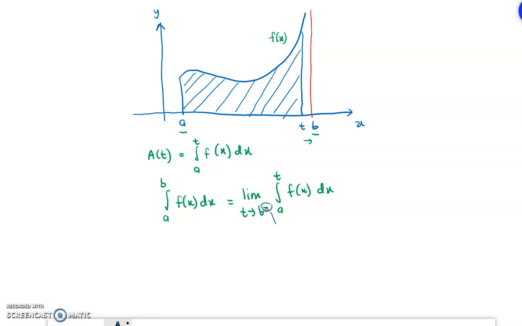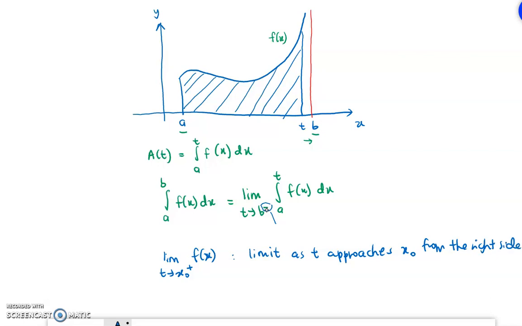The minus sign refers to the direction from which you approach the point, here it is b. So let's say we have the limit of f(x) as t approaches x naught plus, meaning the limit as t approaches x naught from the right side.